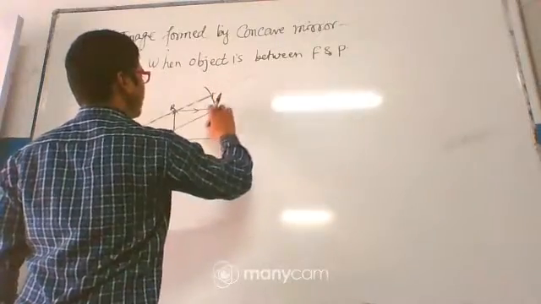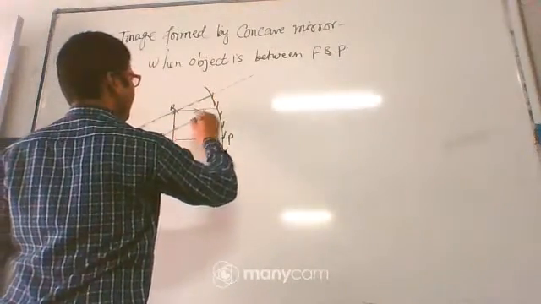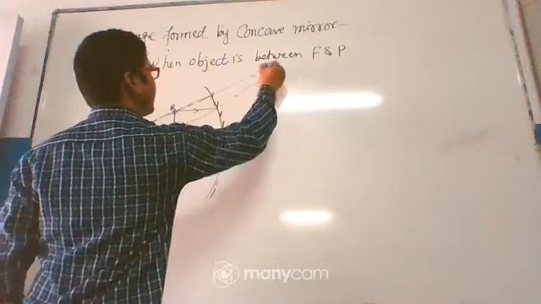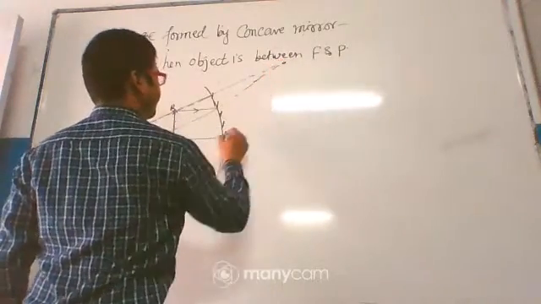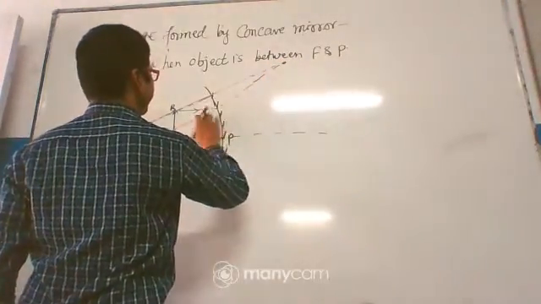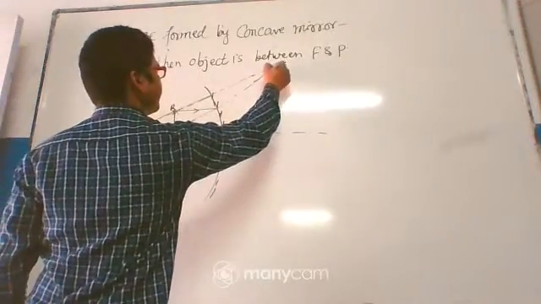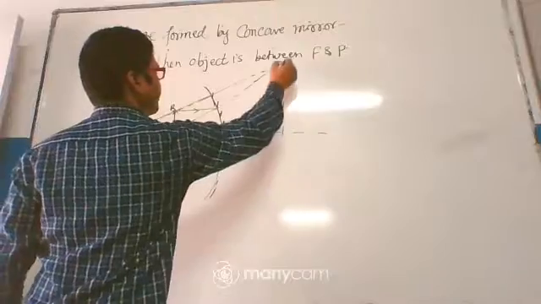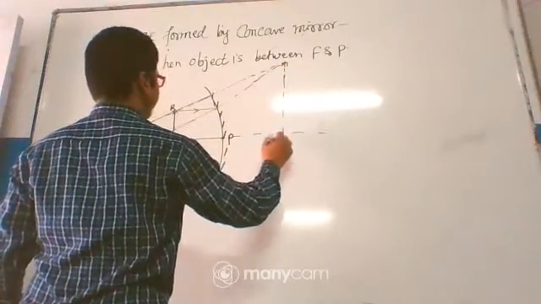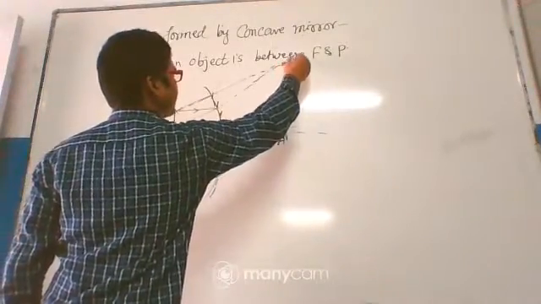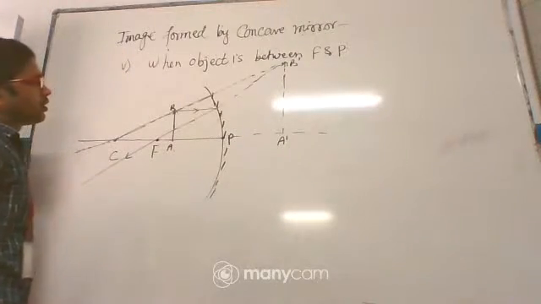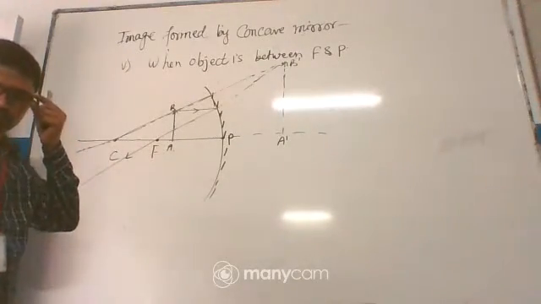These two intersect somewhere here, behind the mirror. This is A dash, B dash, right?